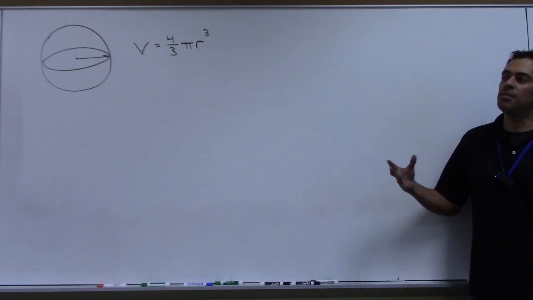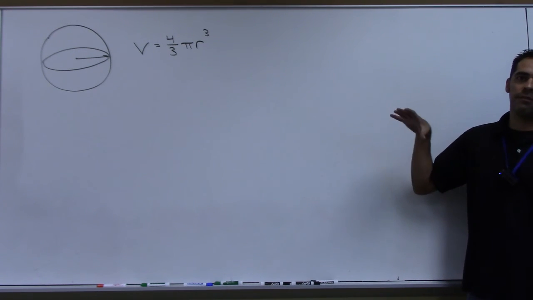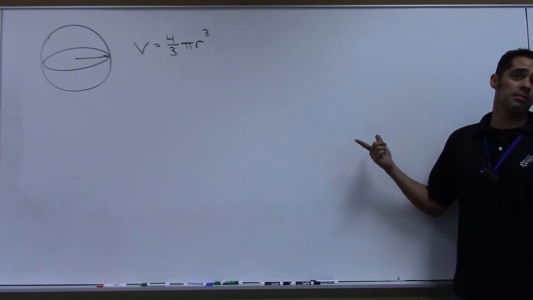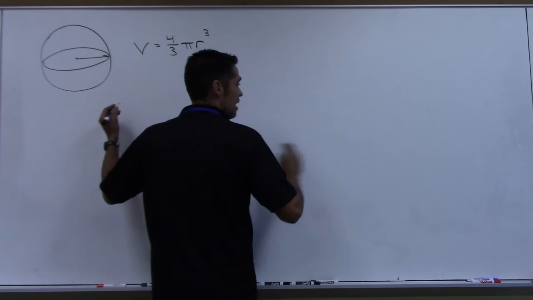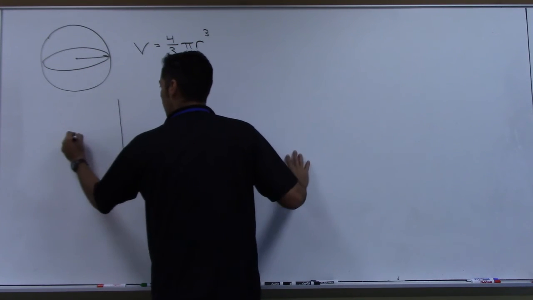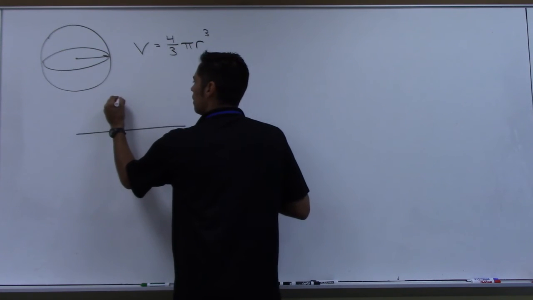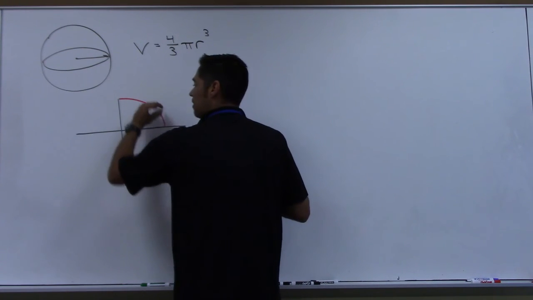Better yet, instead of a semicircle, why don't we just take the first quadrant of a circle and rotate around the x-axis? And then times, actually it would be times 4, right? So look, I'm saying take a full circle, right? This whole circle goes around.